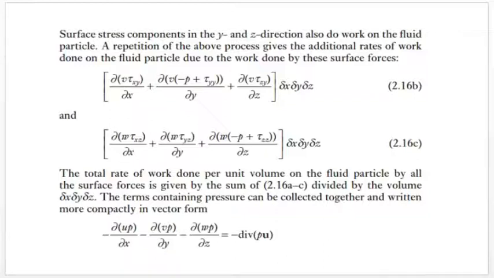Before doing that, calculate 2.16a to 2.16c and take out the common terms as dou up, dou vp and dou wp. So you can write dou u by dou x, dou v by dou y and dou w by dou z as divergence of u. It is in vector form.